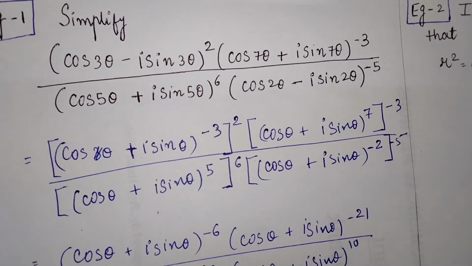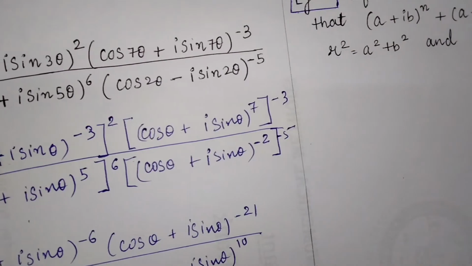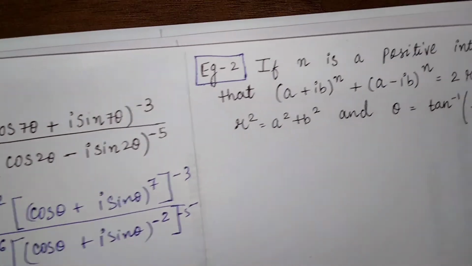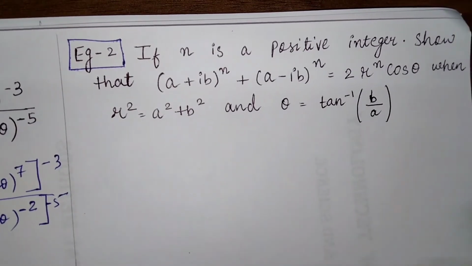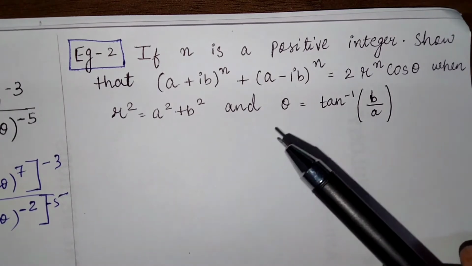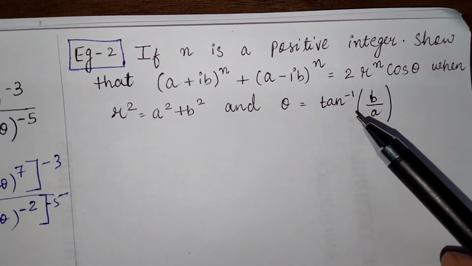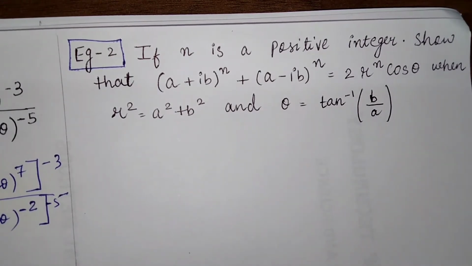Okay, now example 2. If n is a positive integer, then show that (a plus ib) raised to n plus (a minus ib) raised to n is equal to 2 into r raised to n cos n theta, where r square is a square plus b square and theta is tan inverse b by a.